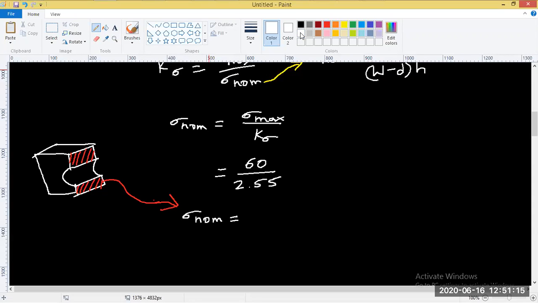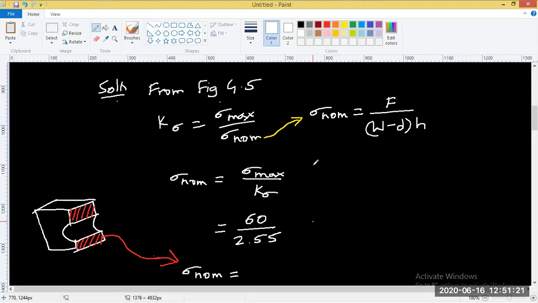So find the nominal stress. Once we get the nominal stress, we can plug it in here. The nominal value we get will be equal to F by W, where W is the width, 50 minus the diameter 10, and the height also 10.